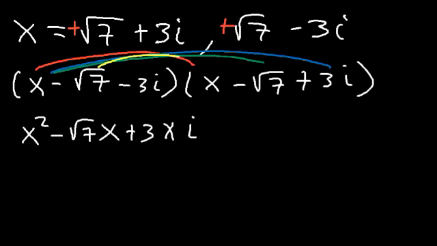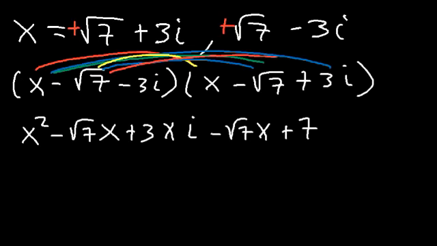And then negative root 7 times x, and then this is going to be negative root 7 times negative root 7, which is simply positive 7. The two negative signs cancel. Root 7 times root 7 is the square root of 49, which is 7. And negative root 7 times 3i, that's going to be negative 3 root 7i.